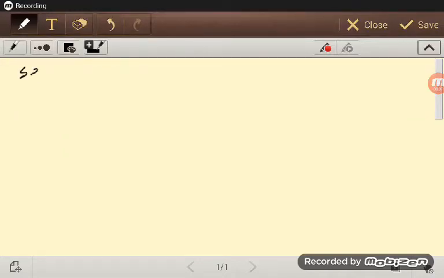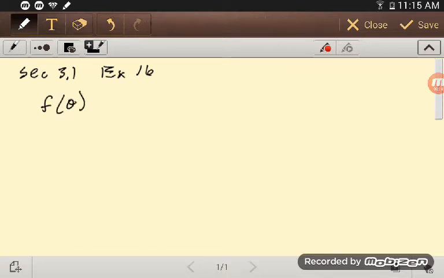So here we have section 3.1, exercise 16. And in exercise 16, we would just like to find the critical numbers of the function on the interval. So we have f of theta equals 2 secant theta plus tangent theta.